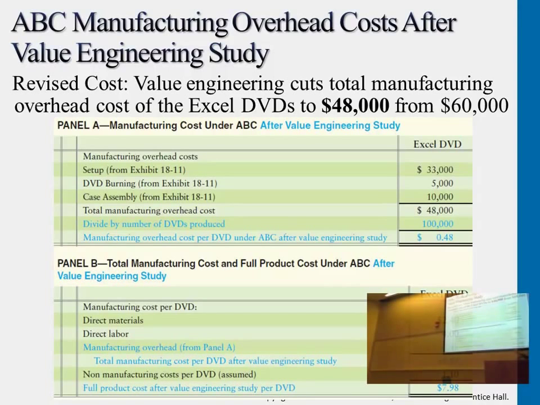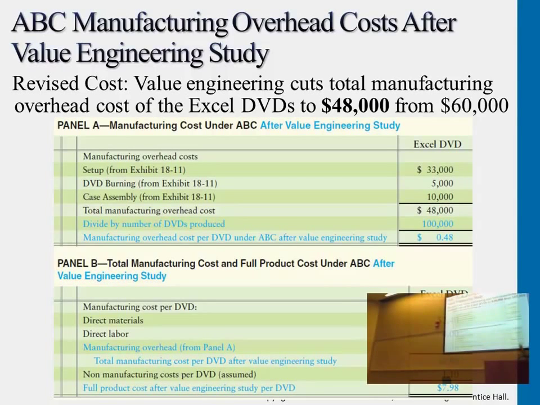If you go back to read the chapter, closely follow the numbers here. First of all, using ABC, we're able to identify a proper level of manufacturing overhead. And then, based on the target cost of $8, we redesign some of the production process. So this is an example where we redesigned the setup cost, reduced it by $160,000.